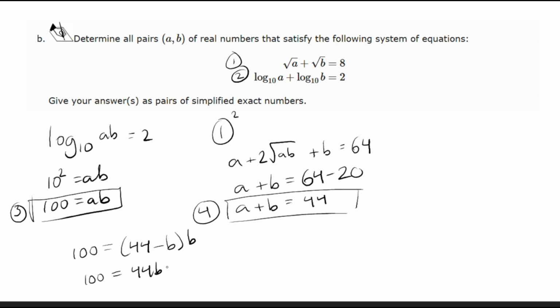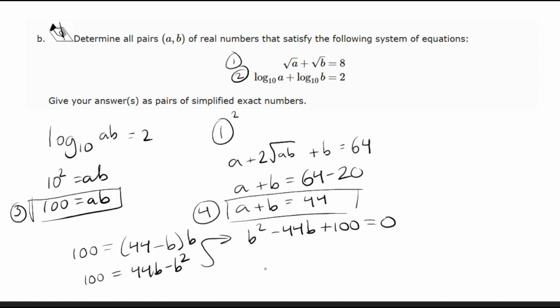And let's keep moving here. We get b squared minus 44b plus 100 equals 0. Is this factorable? 50 and 2, 25 and 4, 101. Doesn't look like it's factorable. So we gotta pull out the quadratic formula.